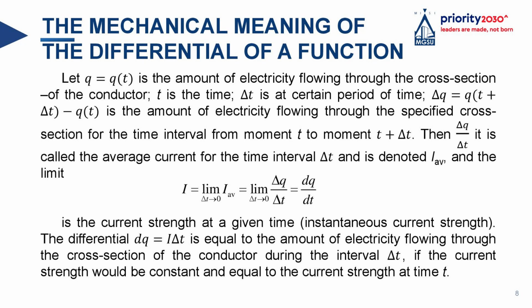And the next point. Let Q equal Q of T be the amount of electricity flowing through the cross-section of the conductor, T is the time, and delta T is a certain period of time.